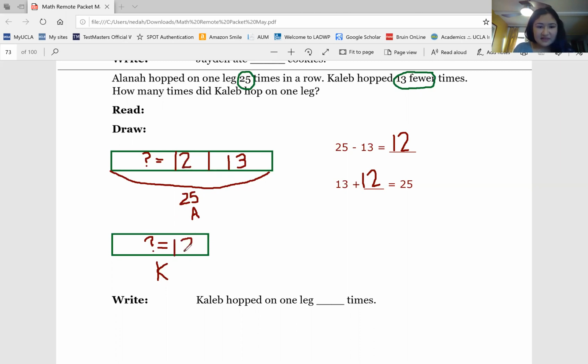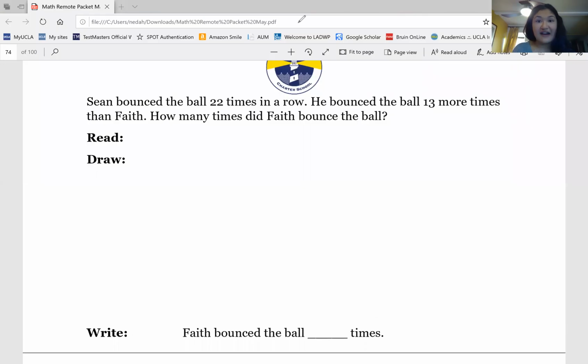Now let's read the answer statement together. Caleb hopped on one leg 12 times. Nice job. All right, here we go. Last word problem of the day. Sean bounced the ball 22 times in a row.